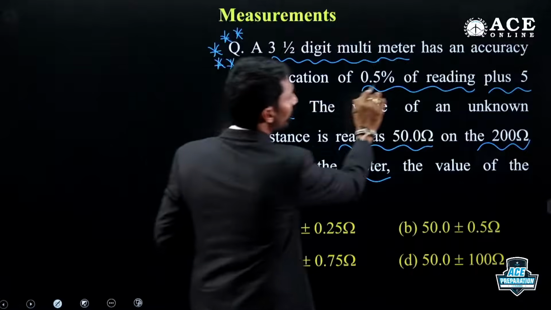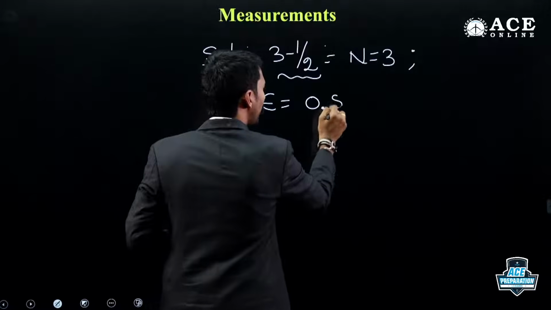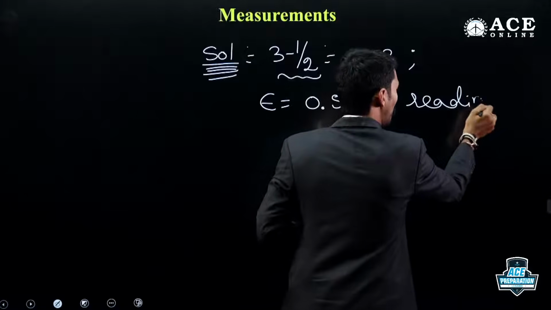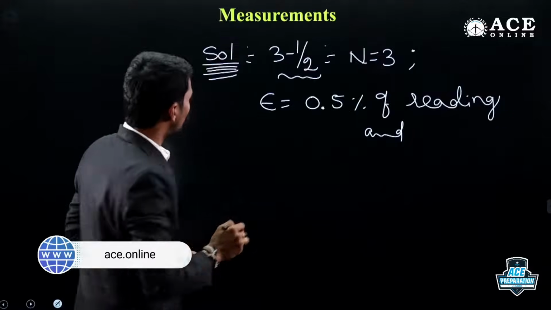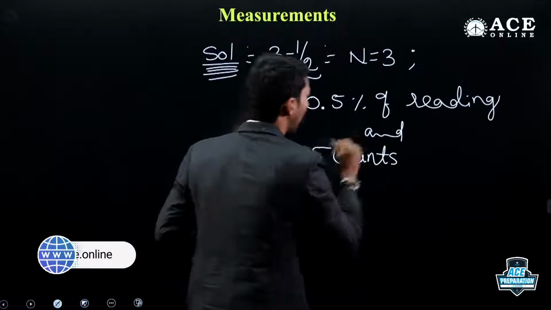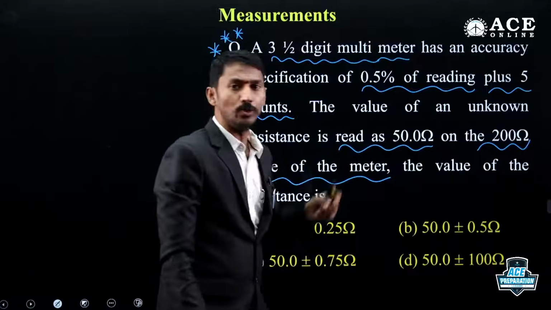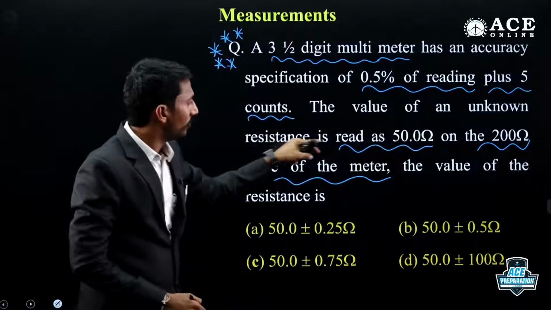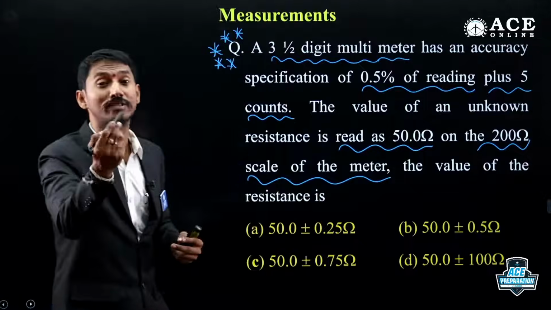Now, 0.5% of reading, error is given as 0.5% of reading, plus means 2 errors are given. What is that? 5 counts. So 5 counts related error is there. Okay. Sir, the resistance value 50, already we know the concept. Whenever the data is given like this, we need to treat that as a true value, whenever it is necessary based on the given context.